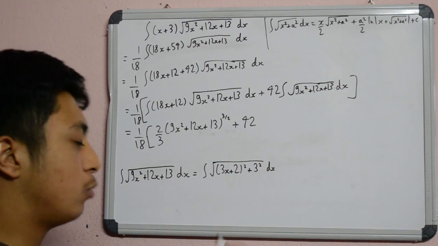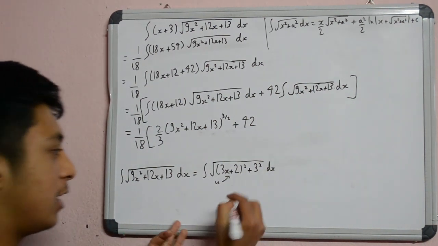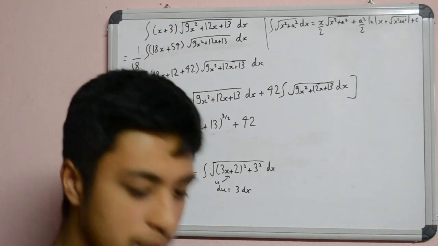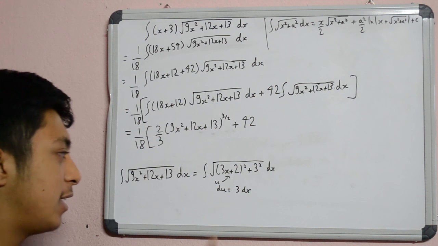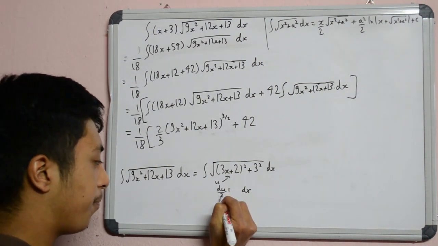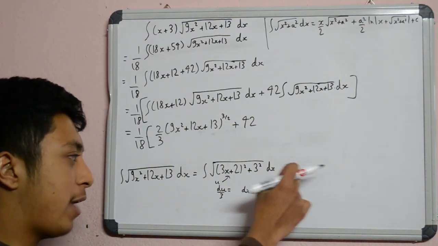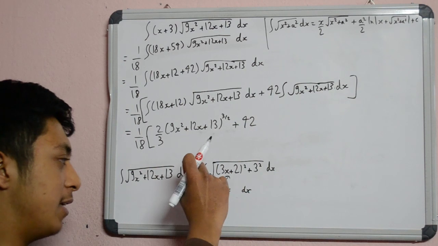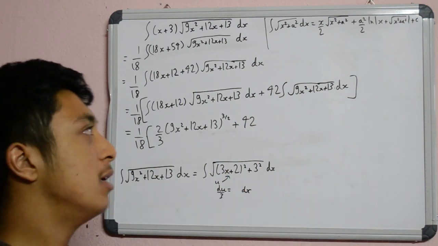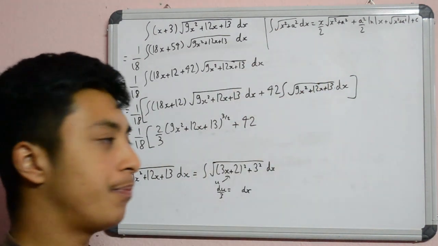So what you can do here is let u equal to this part, and then du will be equal to 3 dx, right? And then dx will be du by 3, and then replace that, you'll have du, and 1 by 3 will go outside, and then this will be u squared plus 3 squared, which is the same as that. Just instead of x, write u.